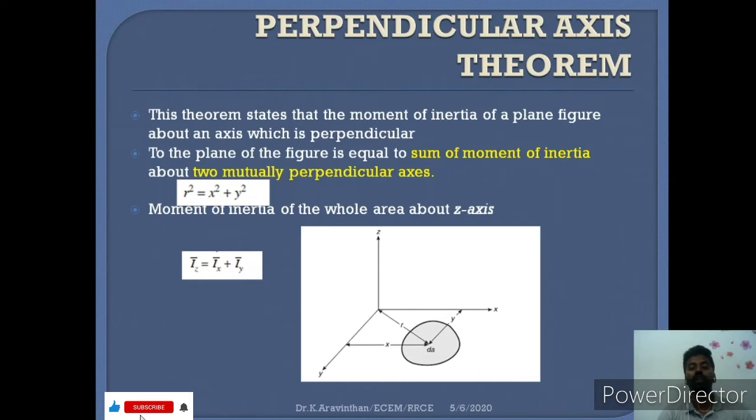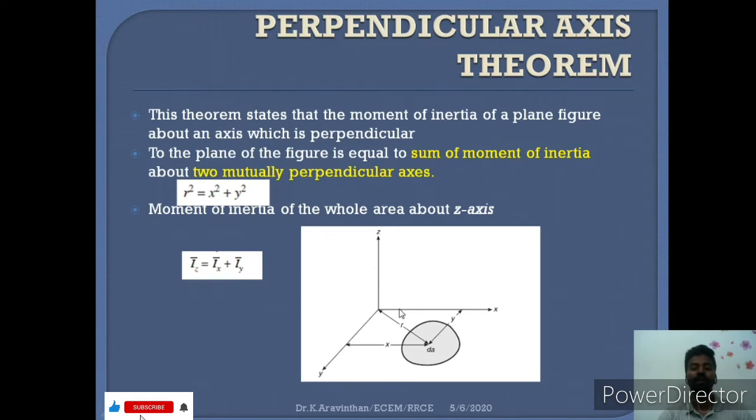All the objects have three dimensions. Here in moment of inertia, we will consider only two dimensions of an object, and perpendicular axis theorem is used to identify the moment of inertia of the third dimension, that is z axis.